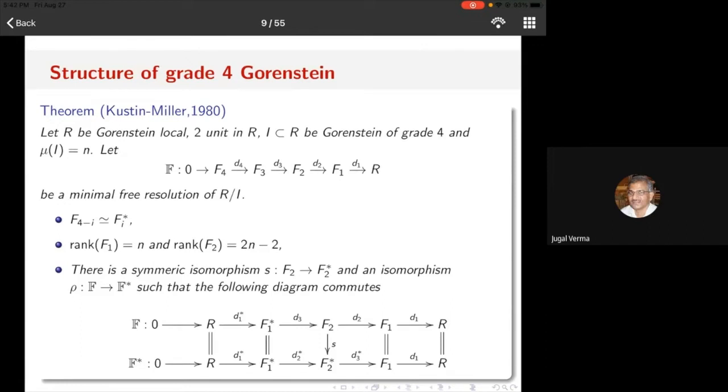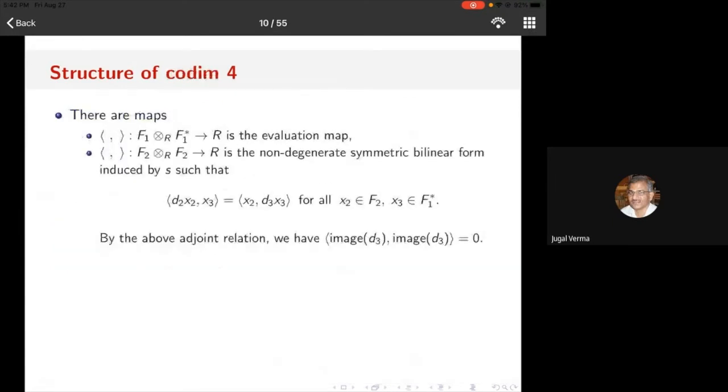So there exists a symmetric isomorphism S from F2 to F2 star. In their paper they call this symmetric isomorphism a dualizing map. They prove that there is an isomorphism of complexes from F to F star of this form, where the other maps are identity and only the map from F2 to F2 star is S. This S induces a bilinear map from F2 tensor F2 to R, and that is a non-degenerate bilinear map.